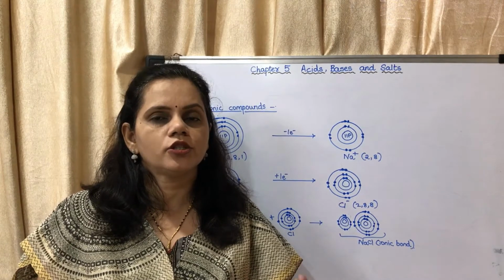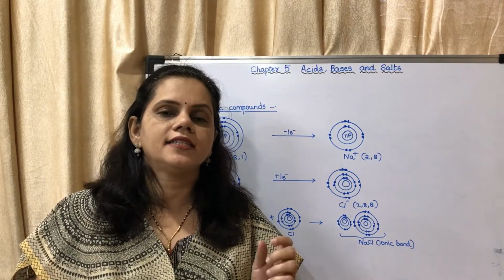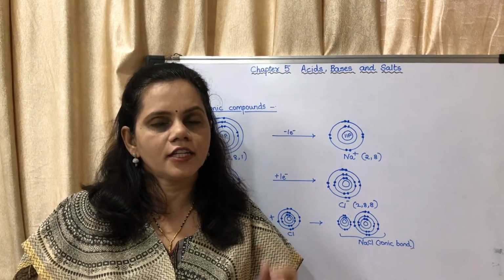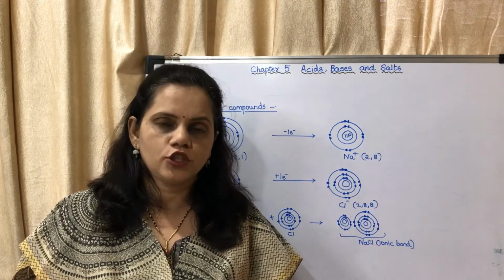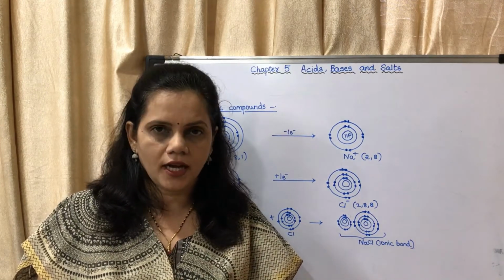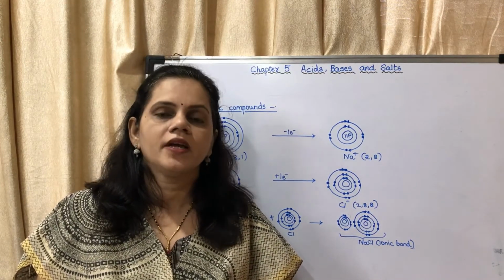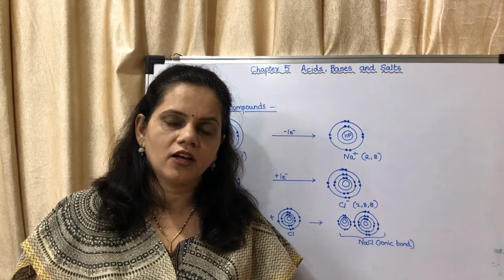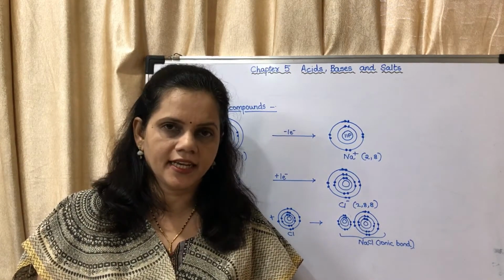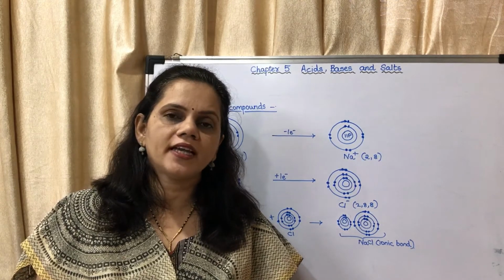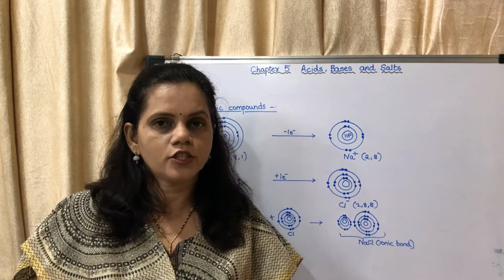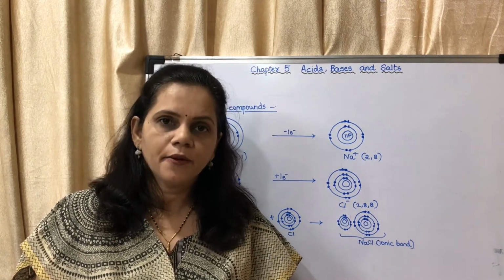You have to dissociate the ions and see whether it has H positive ion, OH minus ion or any other ion. If it has H positive ion, then it is said to be an acid. If it has OH minus ion, then it is a base.